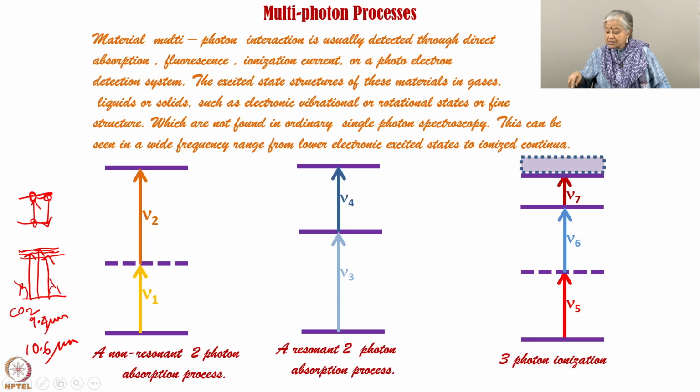A continuum means all the energy states are very closely spaced. So, it can go to any of these, it is as good as having just one state there, though it is composed of many states, all those photons go up to this state. Okay. And once it comes to this continuum, it is as good as being ionized. So, it could be a molecule, it could be an atom, it has become ionized here.